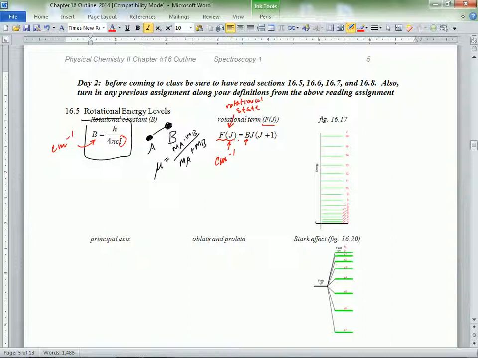Yes, just E equals h c over lambda. I can give you a wavelength, you know what the energy is. I could give you a frequency, you know what the energy is. I could give you a wave number, you know what the energy is.